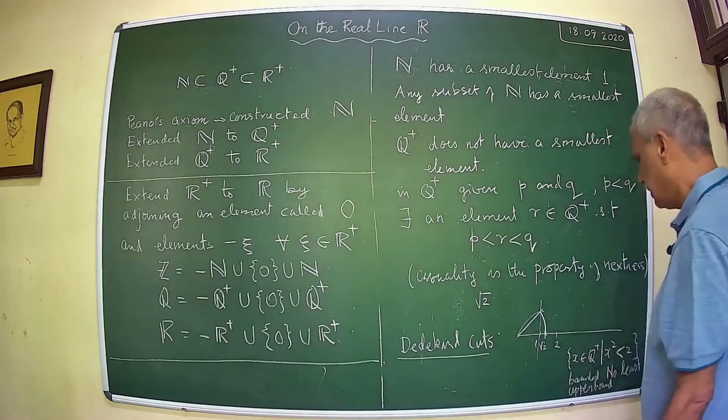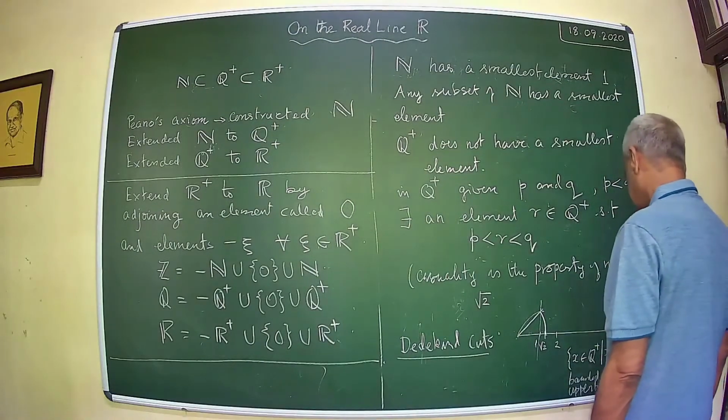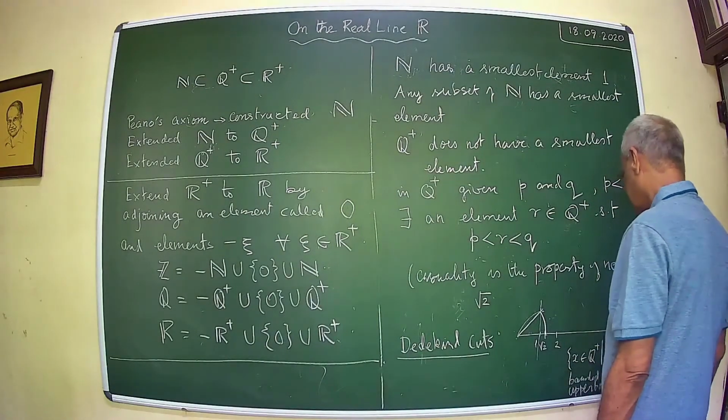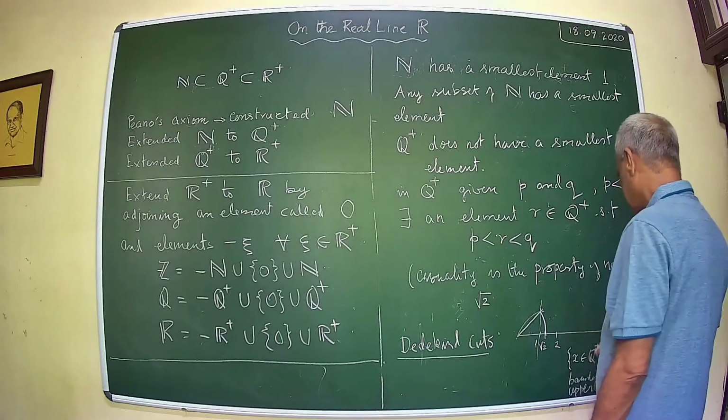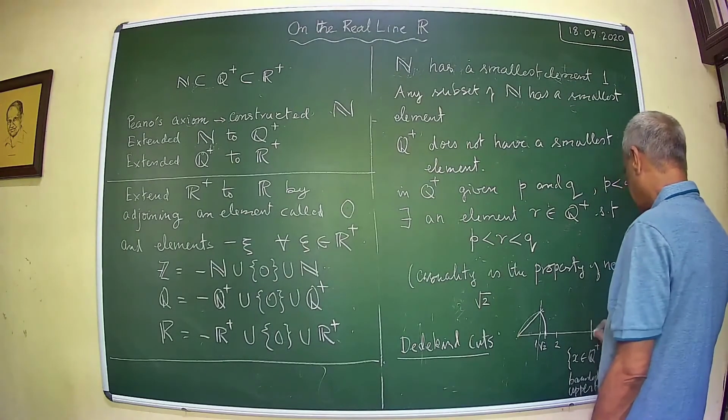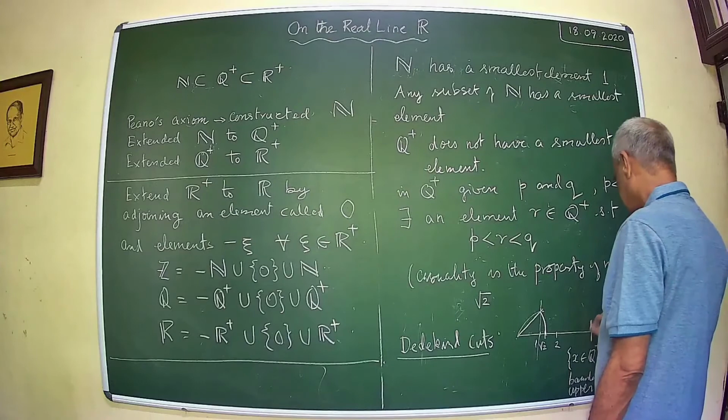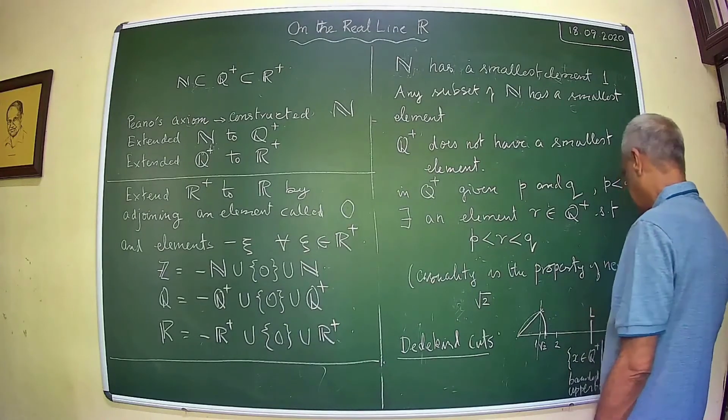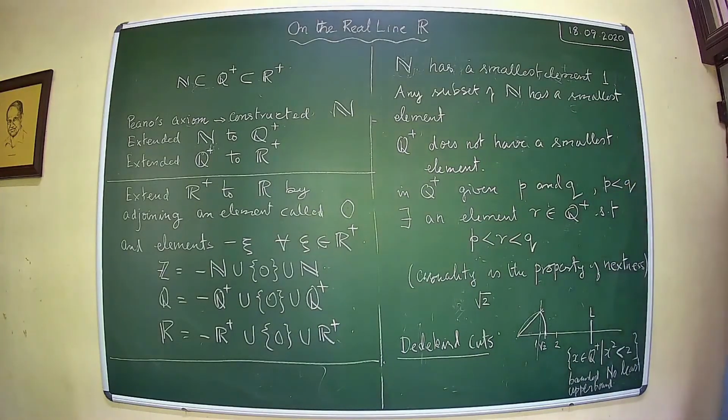What do you mean by least upper bound? Suppose you have a set, and this is something like a least upper bound. Okay.